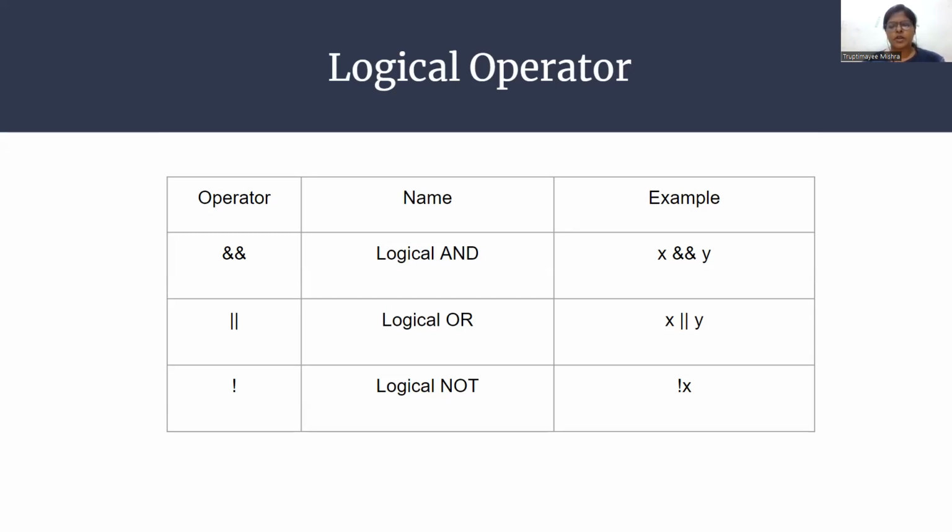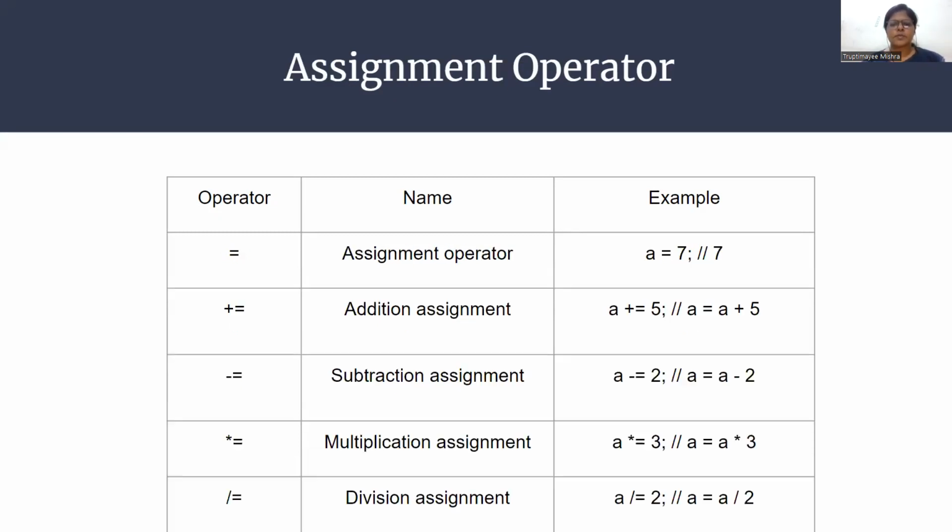In the logical OR operator, if one of the operands is true, then it will return true, otherwise it will return false. In logical NOT, if x is given as true, then after applying logical NOT, it will return false.